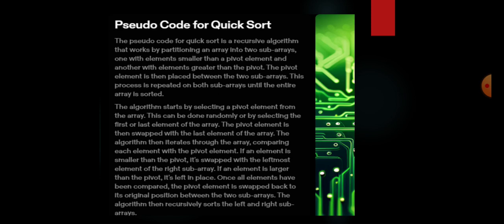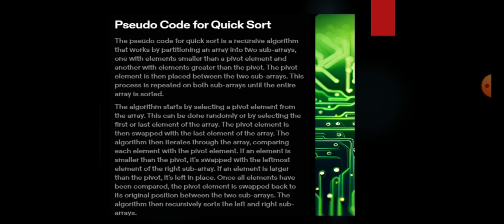The algorithm starts by selecting a pivot element from the array. This can be done randomly or by selecting the first or last element of the array. Once the pivot element is selected, it is swapped with the last element of the array. The algorithm then iterates through the array and compares each element with the pivot element.